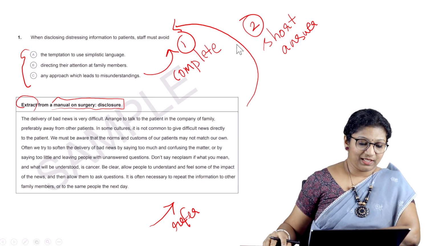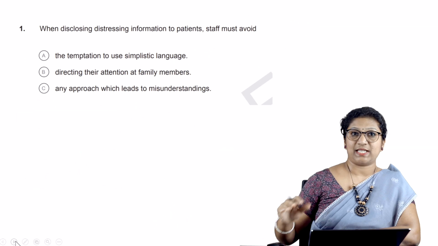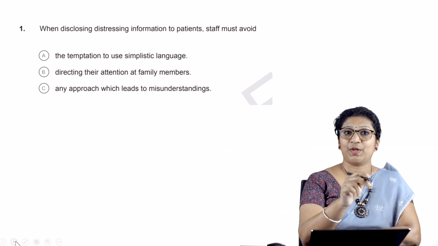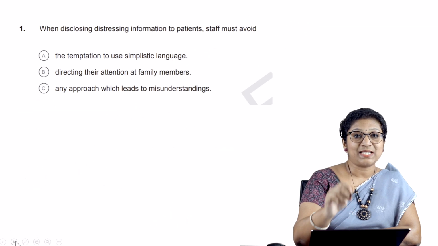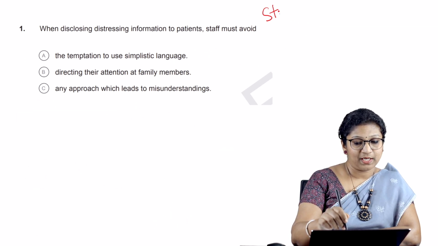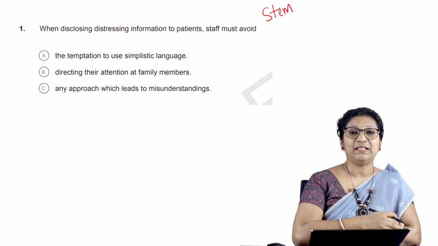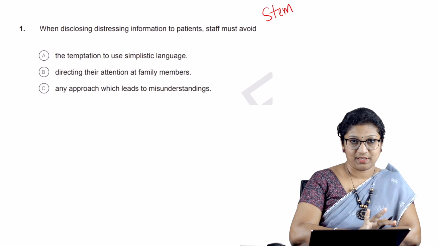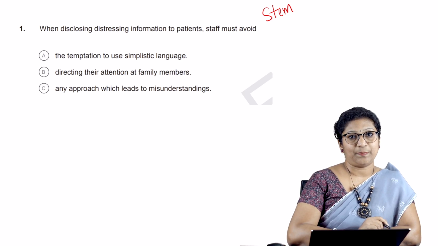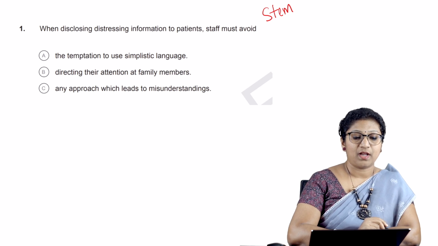Let's look at this extract in more detail. Step 1 is to focus on the question. The question has a stem, which is basically the question, and you also have the options. Underline the keywords in the stem. Let's read the stem.